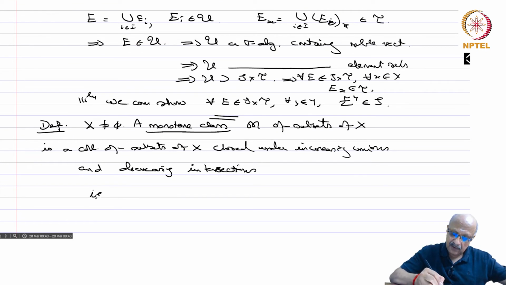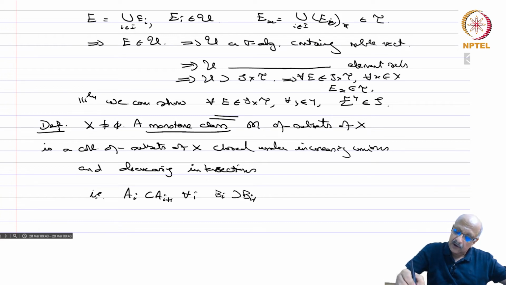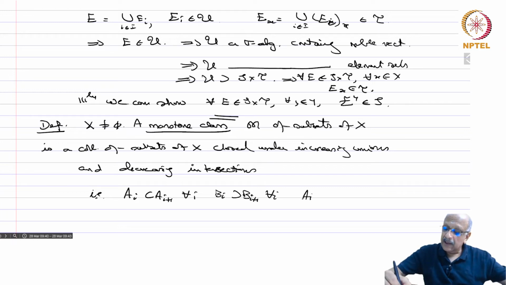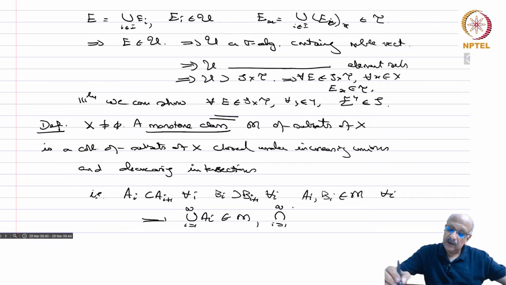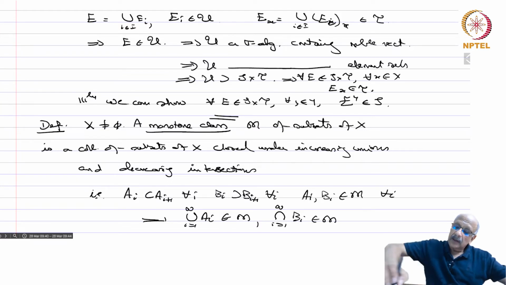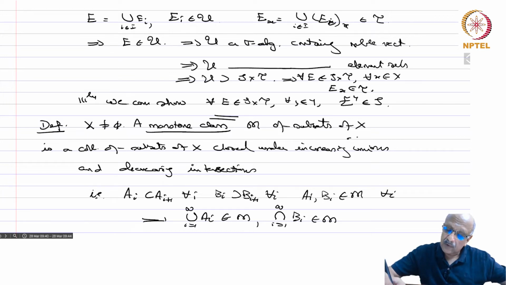That is, A_i contained in A_{i+1} for all i, B_i contains B_{i+1} for all i, A_i, B_i in M for all i implies the union of A_i, i equals 1 to infinity, belongs to M, and the intersection i equals 1 to infinity of B_i belongs to M. Closed under increasing countable unions and decreasing countable intersections.